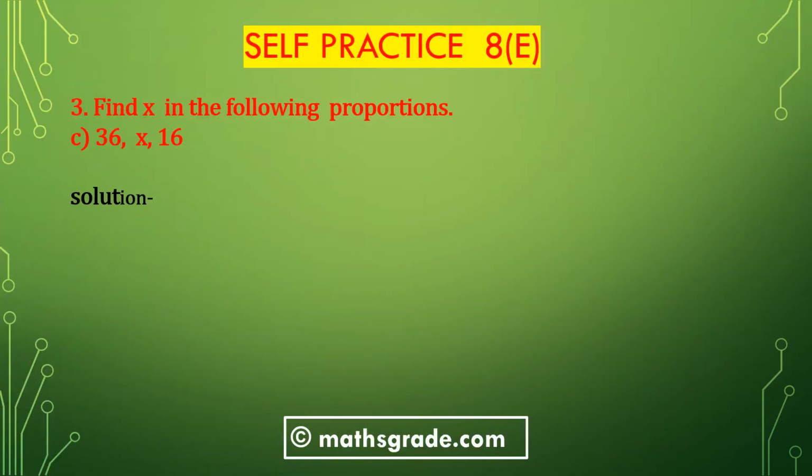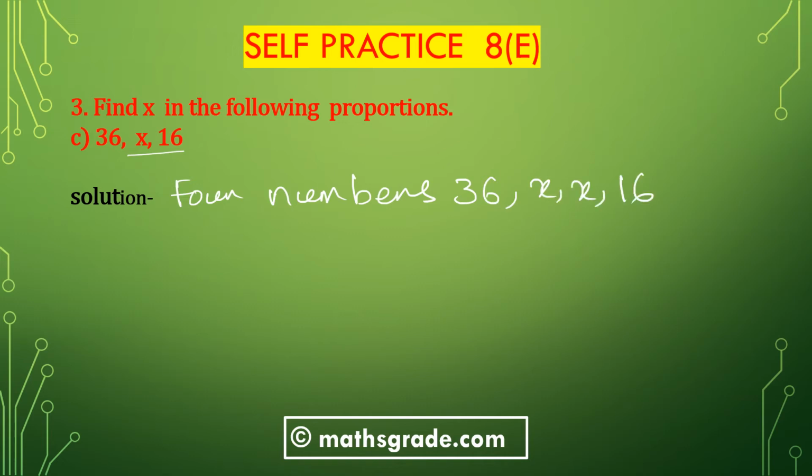Now we solve question number 3 part C. Find x in the following proportions: 36, x, x and 16. These four numbers are in proportion and we have to find the value of x.